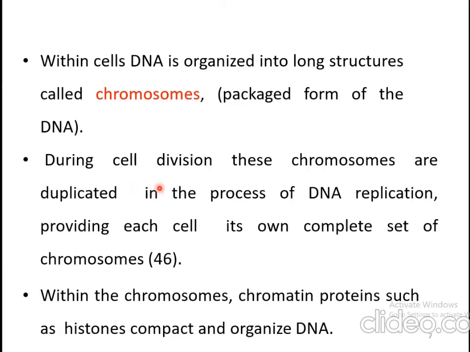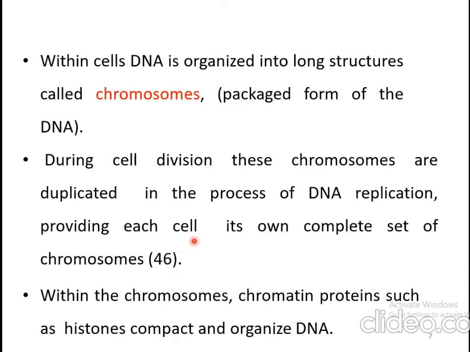During cell division, these chromosomes are duplicated in the process of DNA replication, providing each cell its own complete set of chromosomes. Dear students, human beings consist of 46 chromosomes, or 23 pairs of chromosomes.